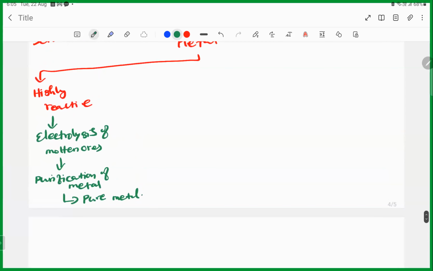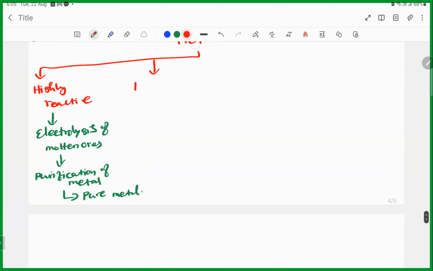This is the way by which. And the second one, medium reactivity.